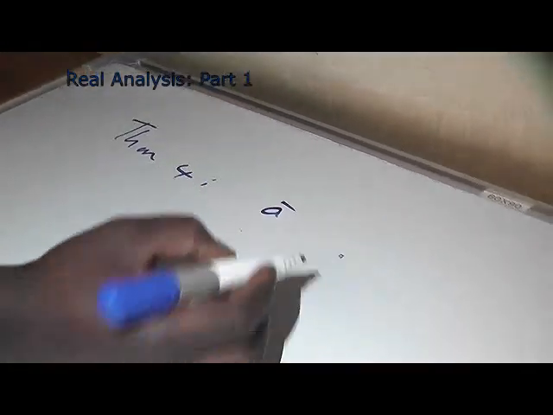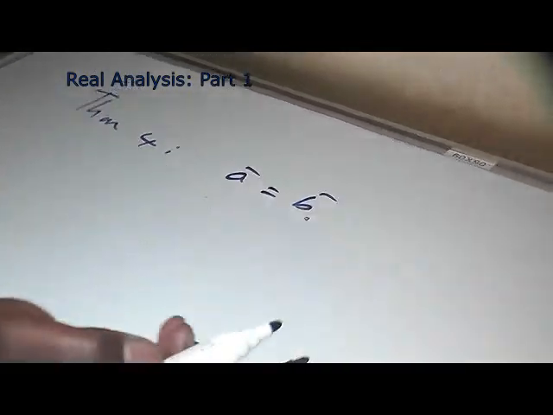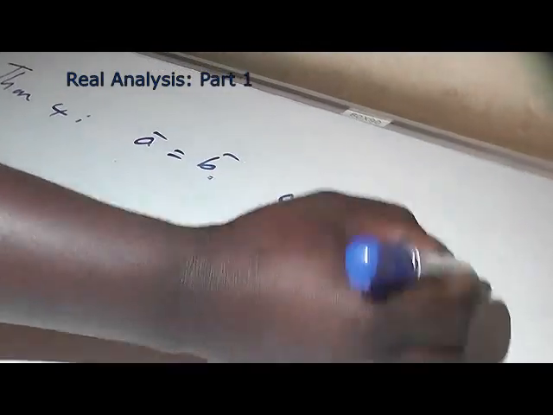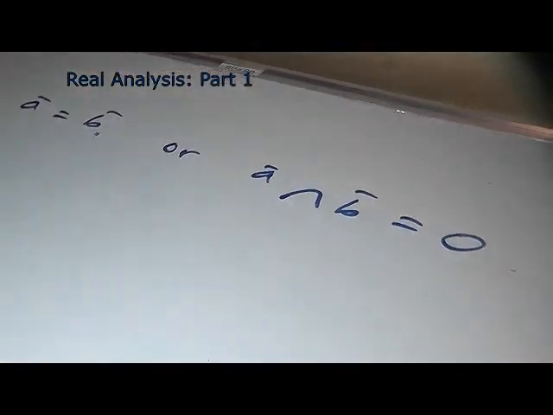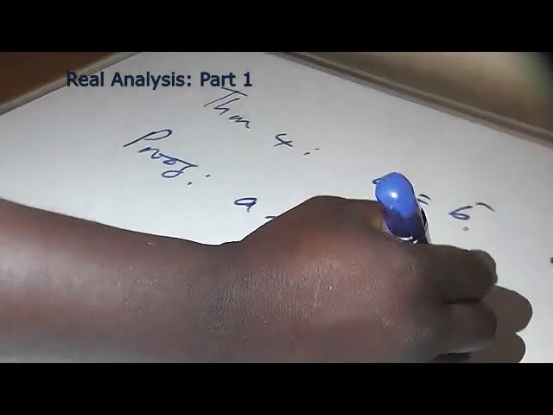Our fourth theorem is: the equivalent class of A is equal to the equivalent class of B, or the equivalent class of A intersection the equivalent class of B is empty. Proof. Now, two items are either related or they are not related.